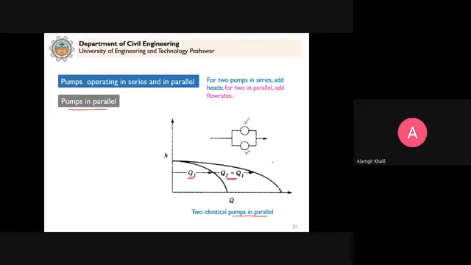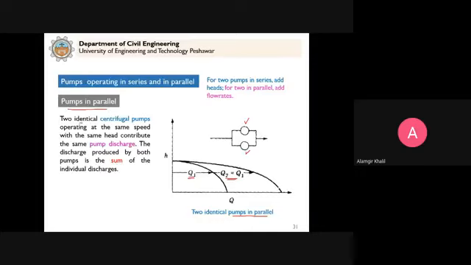So the discharge will be 2 times for two pumps in parallel. Two identical centrifugal pumps operating at the same speed with the same head contribute the same pump discharge. The discharge produced by both pumps is the sum of the individual discharges. Clear?